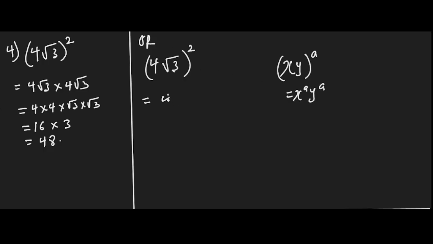So that means we are going to have 4 raised to power 2, then root 3 raised to power 2. Then you are going to have 16. The square root and the power cancel out, so root 3 raised to power 2 is going to give us 3. Then you have 16 times 3, 48. You see, we still arrive at the same answer. So we can solve it like this or like this.